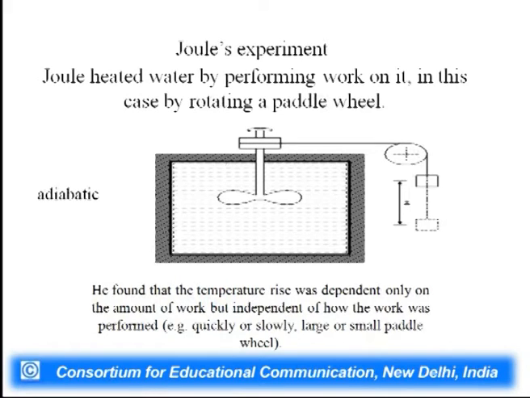So, if you perform work quickly or slowly, the temperature change is going to be the same. If you use a large or small paddle wheel, the temperature rise is going to be the same. So, he thought that there is something happening in the state of the system which is independent of the path taken.